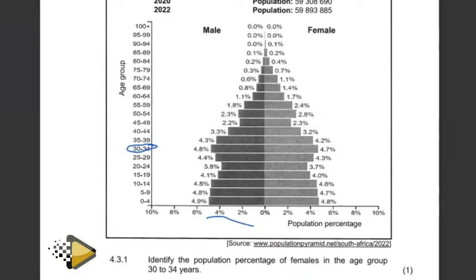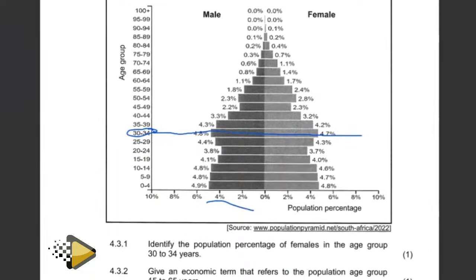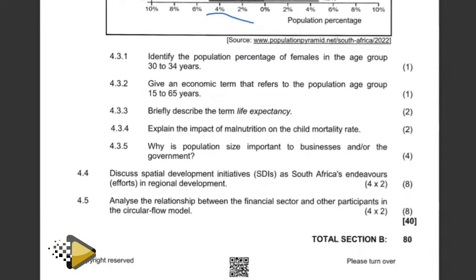This is our 30 to 34. So now the question wants us to check the population percentage of females in the age group 30 to 34. The population percentage that we have is going to be 4.7%. So our appropriate answer in this regard is going to be 4.7%.